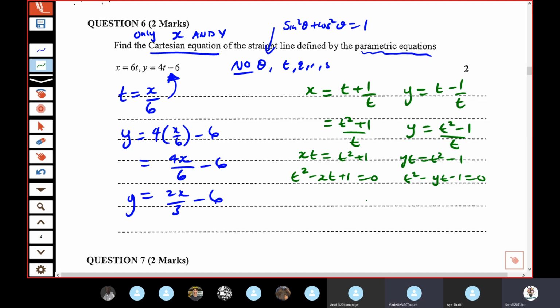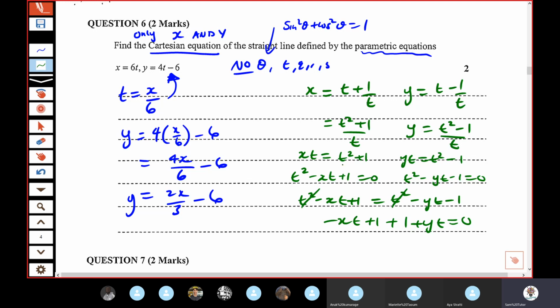I don't know, I lost it myself, but are you going to be able to get rid of the t? Look what's going to happen if you make it equal to each other. You're on the right track, right? It might work for another question. The problem is, can you see you're going to still have t? I'm not going to take that away from you. You've done a good job. The problem is you're still going to have t.